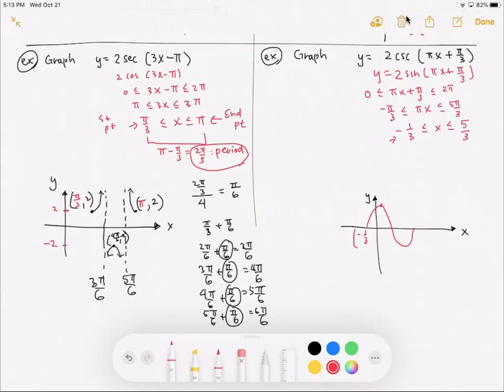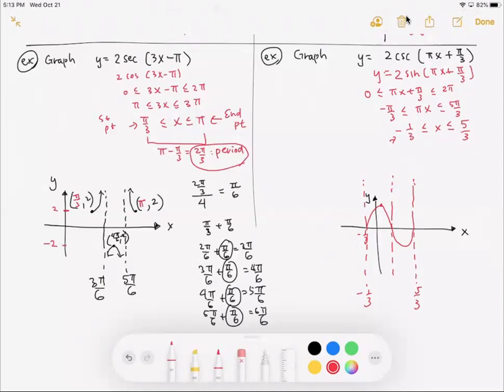So we don't have a point, but we have an asymptote at -1/3, another asymptote, and another asymptote. So let's put -1/3 and 5/3, and then let's find the asymptote that's in between -1/3 and 5/3.